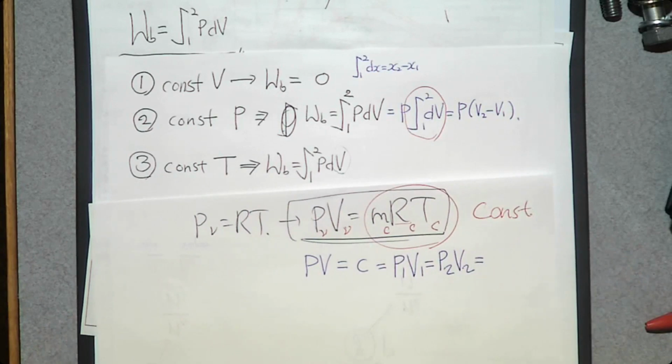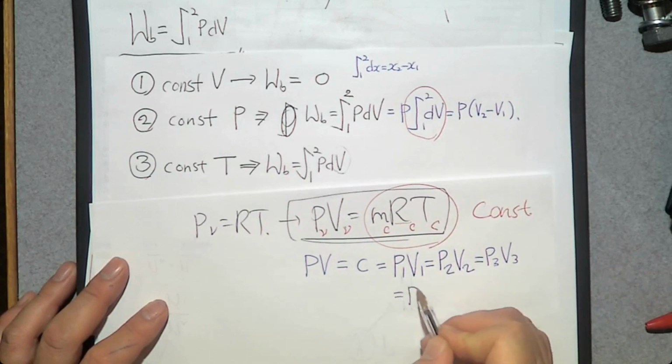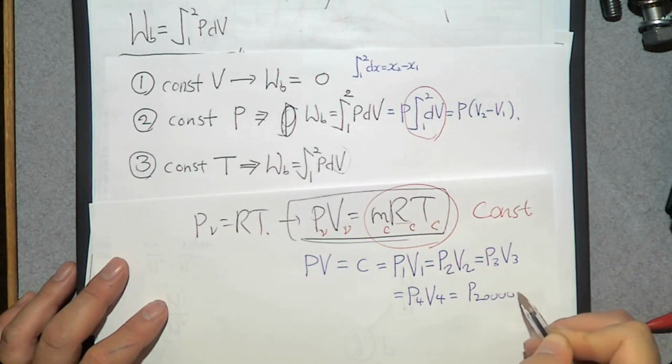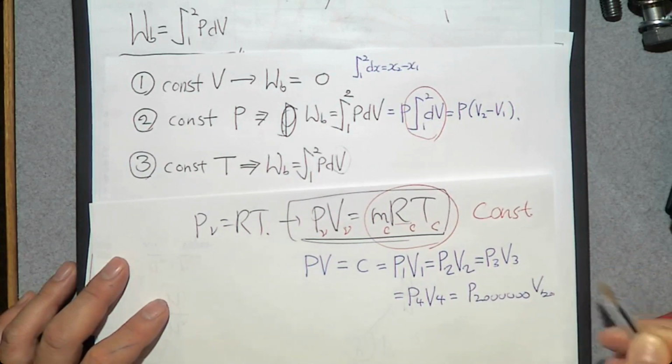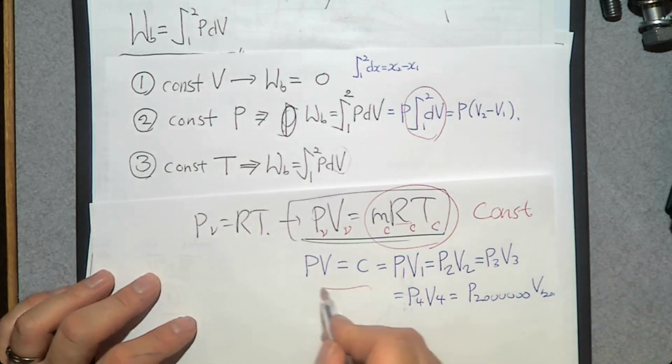If there are more states, like P3, V3, or P4, V4, they should all be the same. The point is, whenever you have a constant temperature process, pressure times volume should be the same number. So if you increase pressure, volume will decrease to meet the same number, PV constant. So there is a relation.